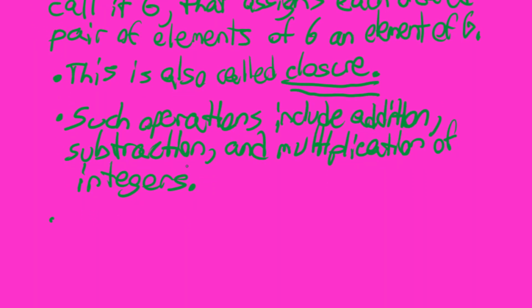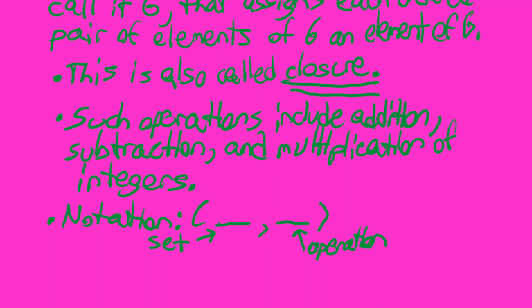And the notation for a group like this is kind of like how you would write an ordered pair, because technically that's kind of what it is, but you would just have two blanks here, and this would be your set, and then this would be your operation. You would fill in those blanks.